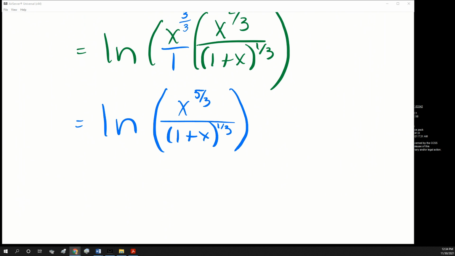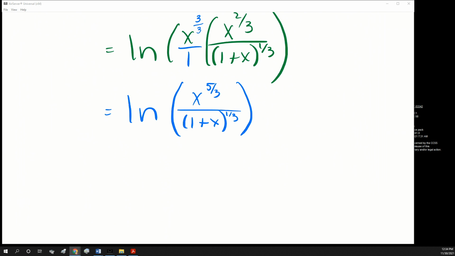All right. So now I'm just going to use my properties of logarithms. So we have the logarithm of two things divided. So we're going to separate those using subtraction. And then don't forget that whenever you're expanding, you don't want to leave those exponents as exponents.